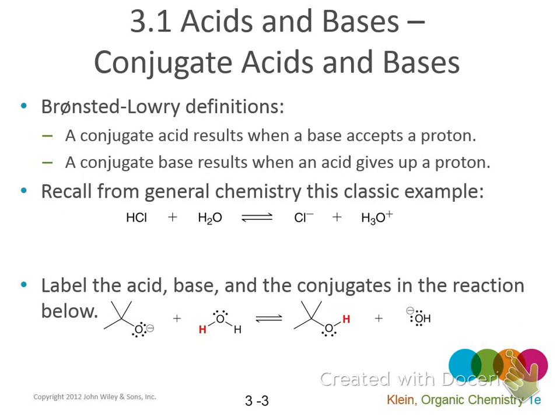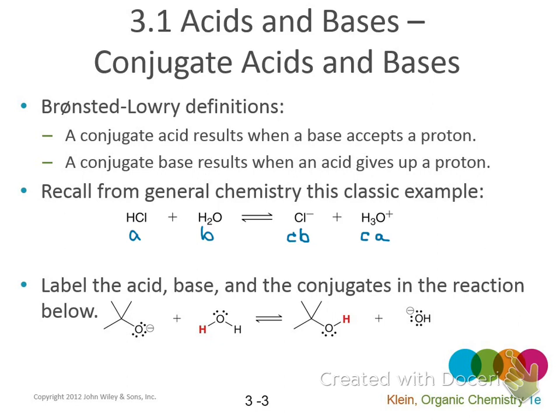Okay, so then we end up with acid-base, and then we have conjugate acid-base pairs. So this is HCl, which is doing the donating. This is from the last one. So this is my acid. The water is the base. It's doing the receiving. And chloride would be the conjugate base, and hydronium is the conjugate acid.